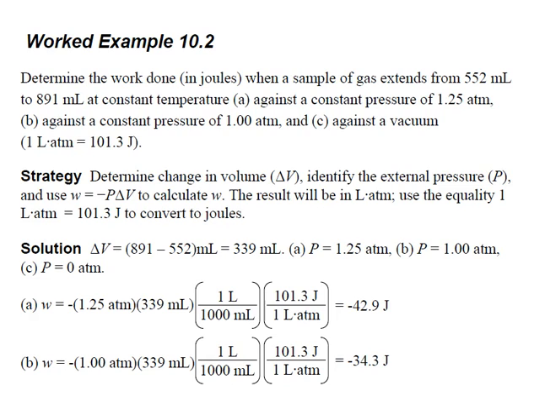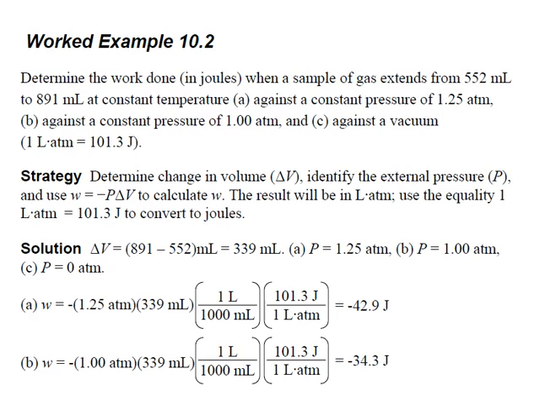Work can be calculated by looking at the product of external pressure and change in volume. Our result is going to be in liter atmospheres, and that will allow us to get back and forth between volume, pressure, and energy. So 1 liter atmosphere is 101.3 joules.